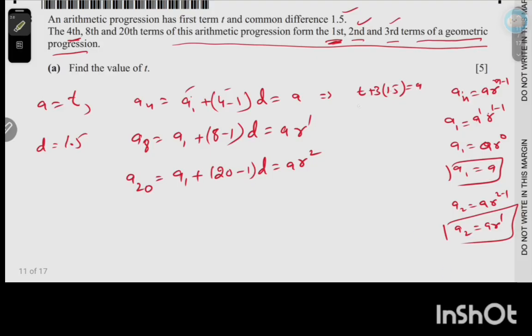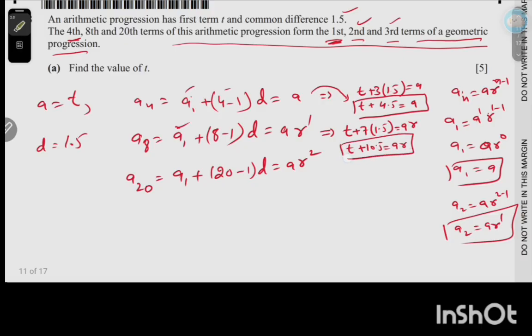So we have t plus 4.5 equal to a. This is the first equation. Now similarly, a1 is t, 7 and d is 1.5, so t plus 10.5 equals ar, this is our second one.